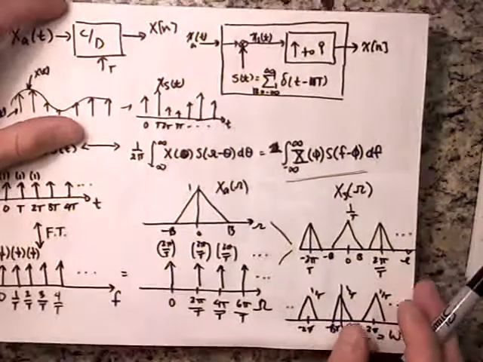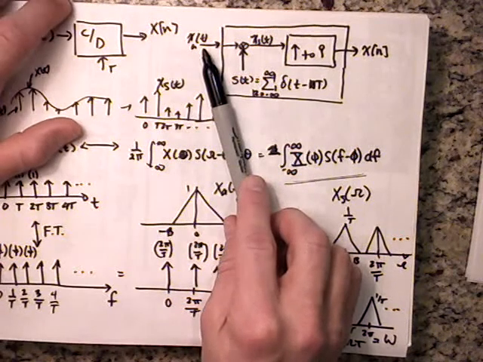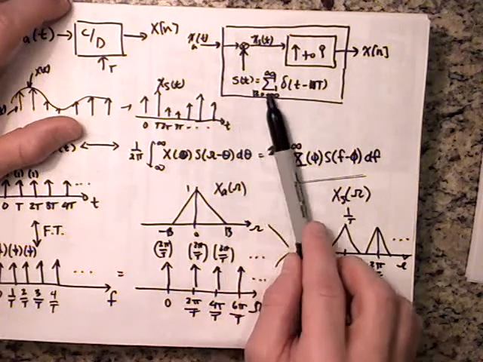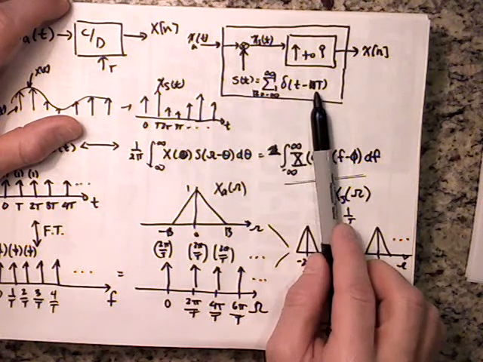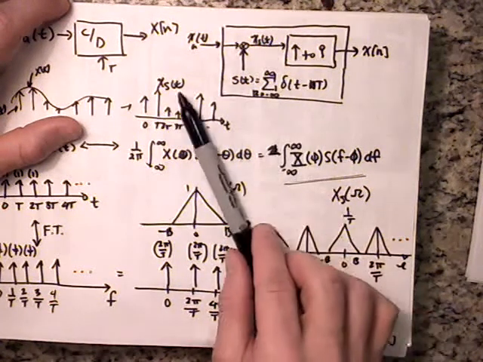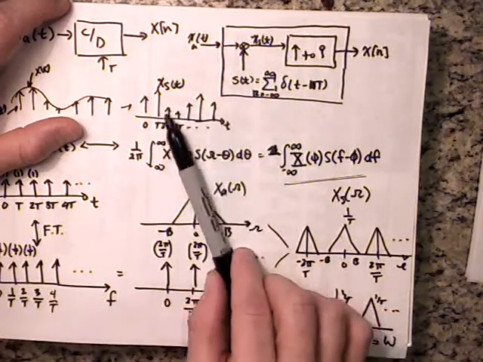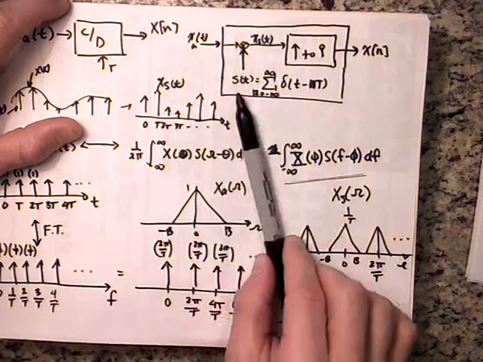But we've just interpreted it now through this two-step process of taking the analog signal first and multiplying it by a periodic impulse train with impulses every capital T seconds to give us this discrete signal xs of t. Although it's discrete in the sense that it's an impulse train, it still has a notion of the time axis, 0, T, 2T, 3T, and so forth.